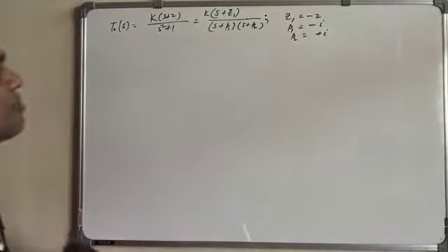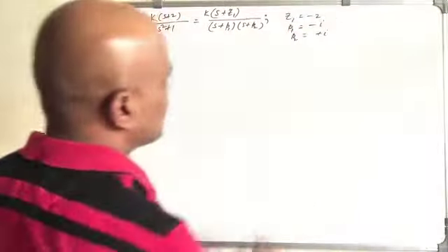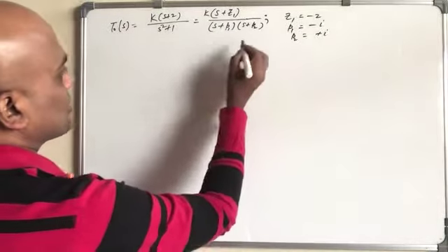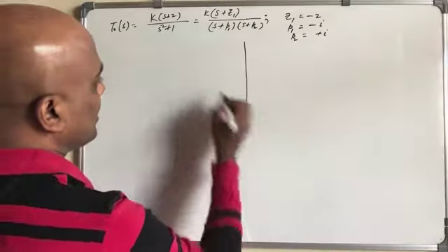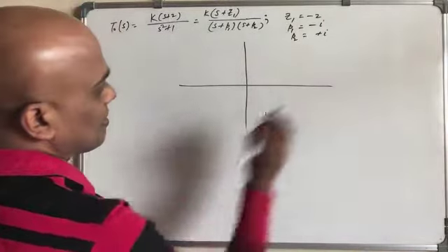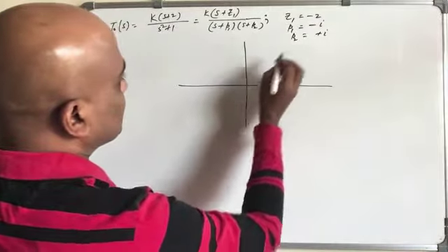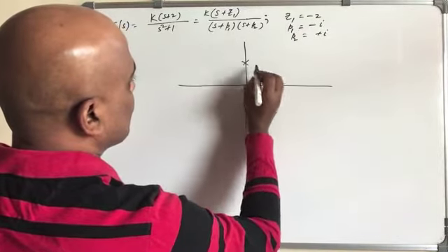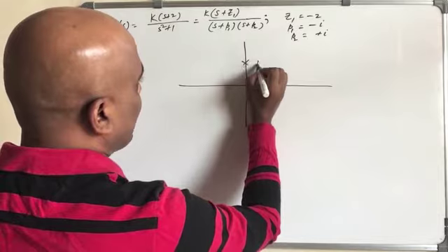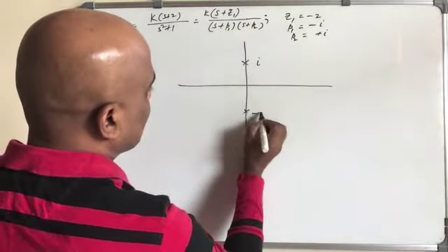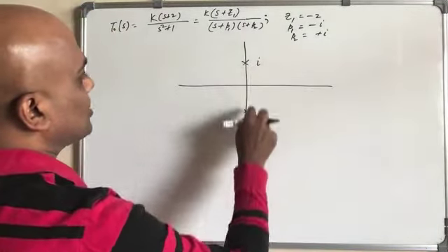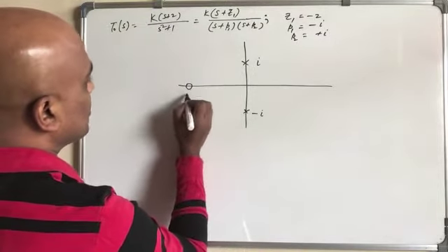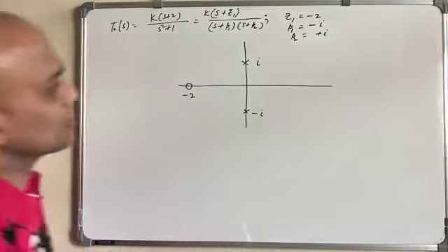So we have these zeros and poles, and we can draw them here. We have the poles at i and minus i, this is p2, this is p1, and then we have the zero here, which is at minus 2.